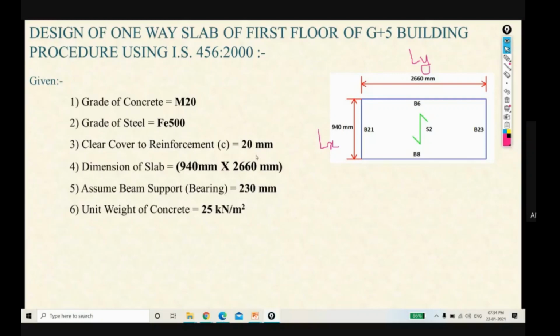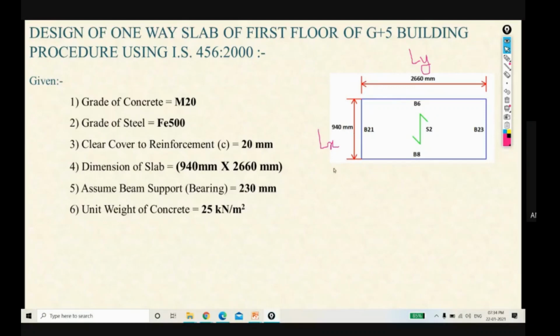Clear cover to reinforcement is 20 mm. One clause is given in IS 456 on how to consider the clear cover. Clear cover to reinforcement depends on the environmental or weathering condition, and as per the weathering condition the clear cover increases. So the clear cover is not the same for all environments, which you should remember while deciding it.